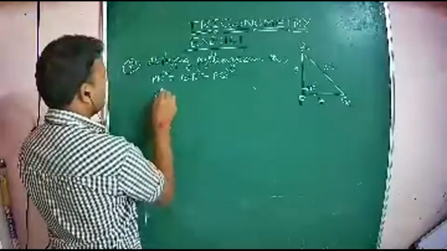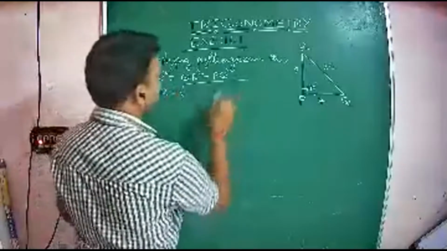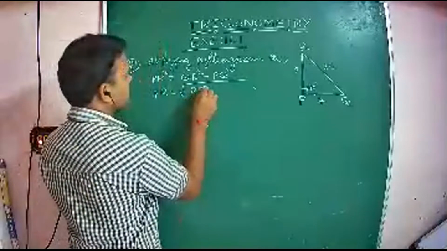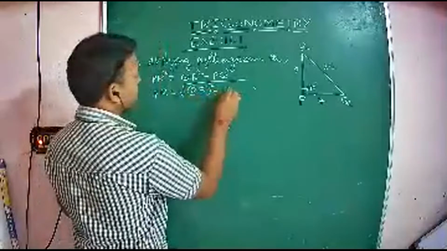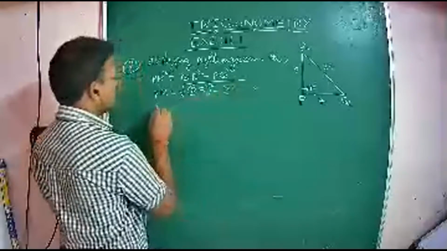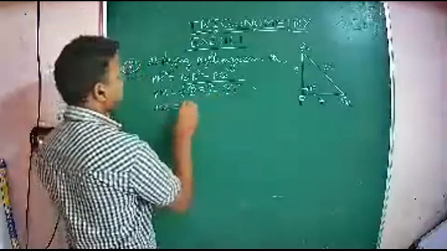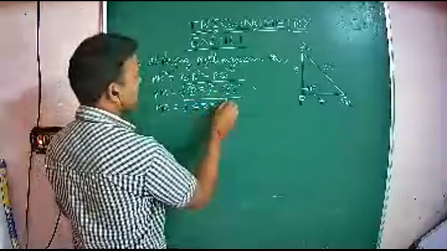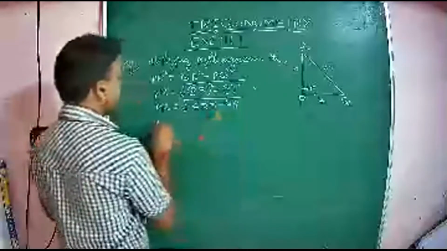So then PR is equal to the square root of QR, which is 25 square, minus 7 square. So PR is equal to the square root of 25 square, which is 625, minus 7 square, which is 49.